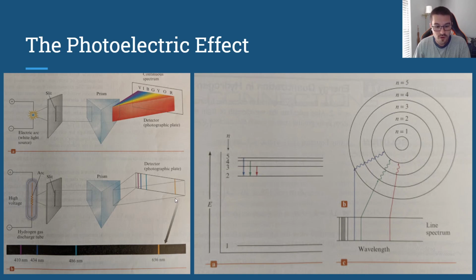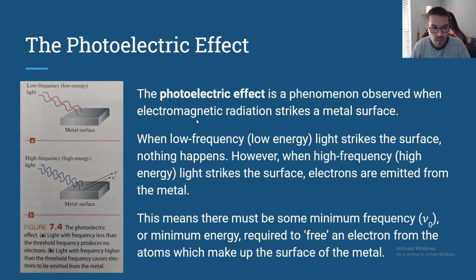The way that these different lines are produced is by electrons falling from one specific energy level to another, and those distinct amounts of energy that they lose correspond to the distinct wavelengths and colors of light that we observe in the line spectra. So this process is called the photoelectric effect. When I say process, I mean it's the phenomenon of electrons being emitted from substances.